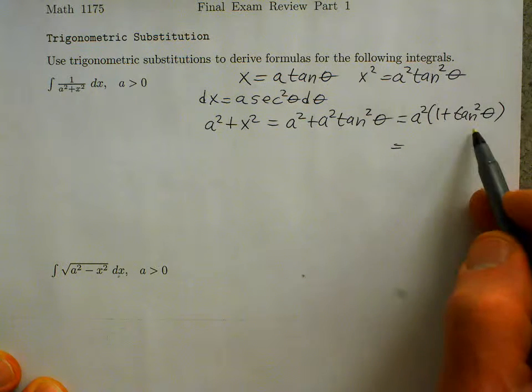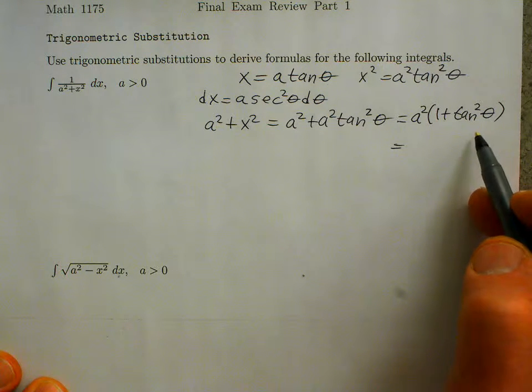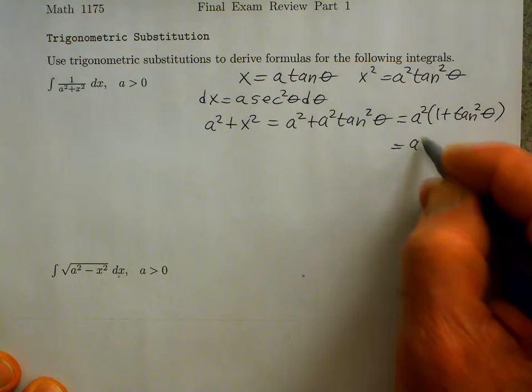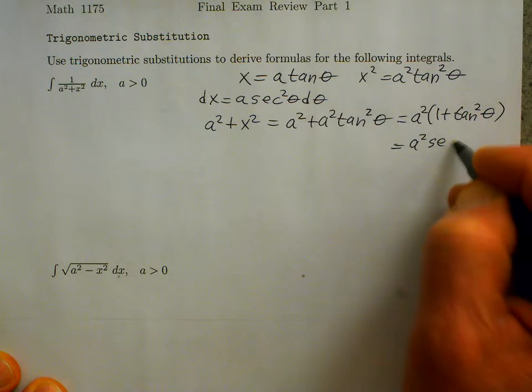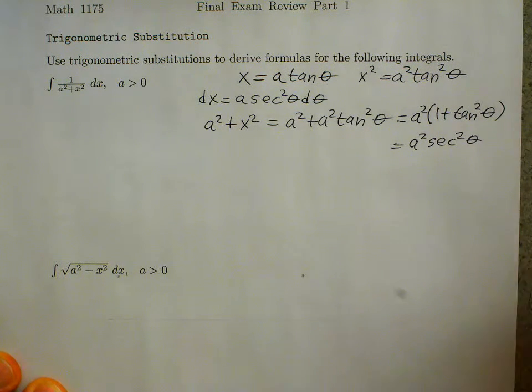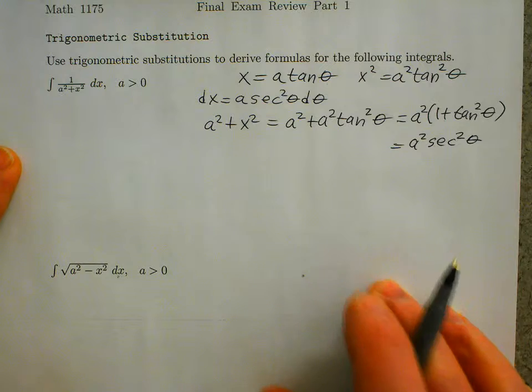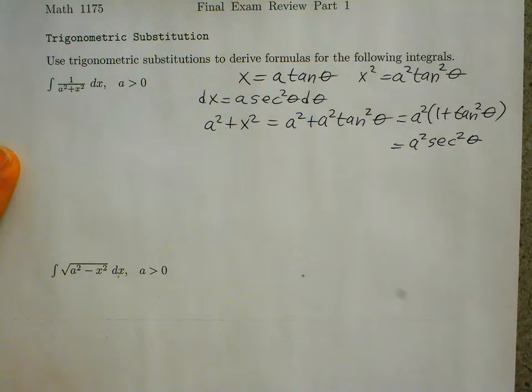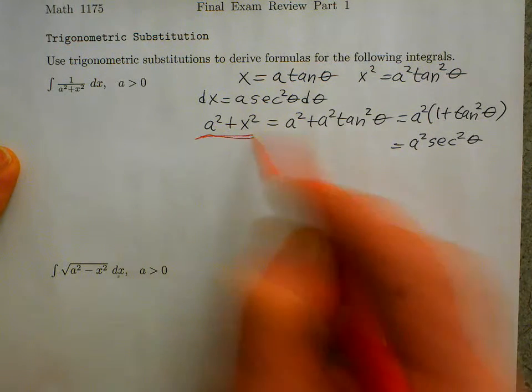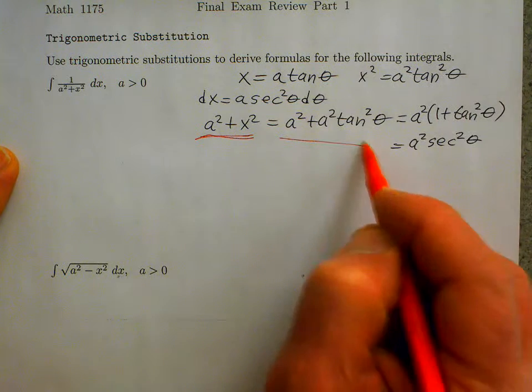But 1 plus tangent of theta squared? Yeah, secant of theta squared, so we get a squared times secant of theta squared. Okay, so that's what a to the second plus x to the second is.